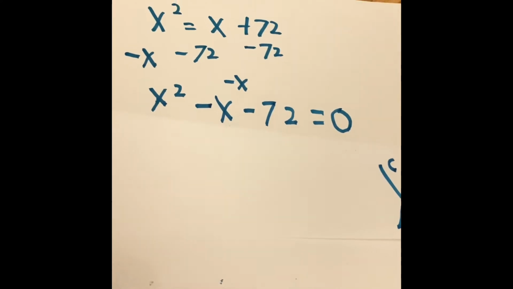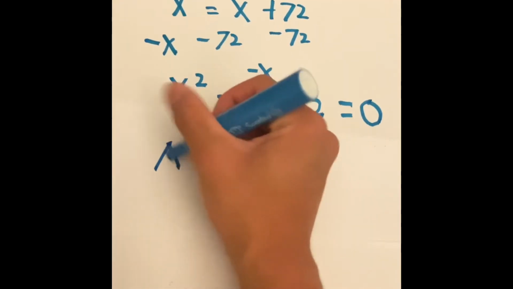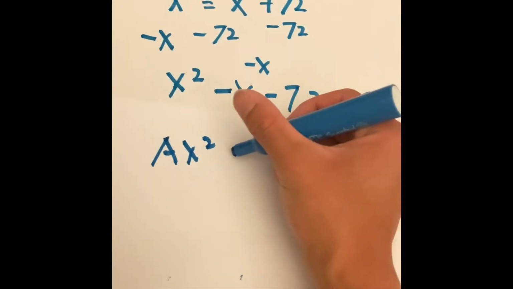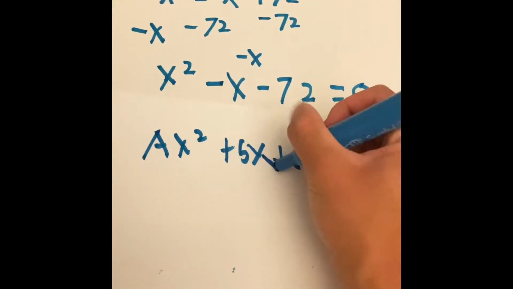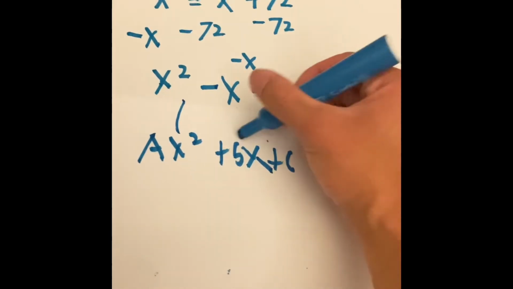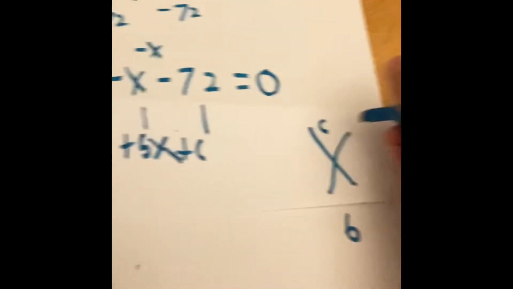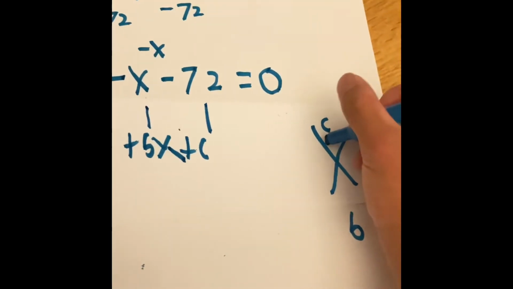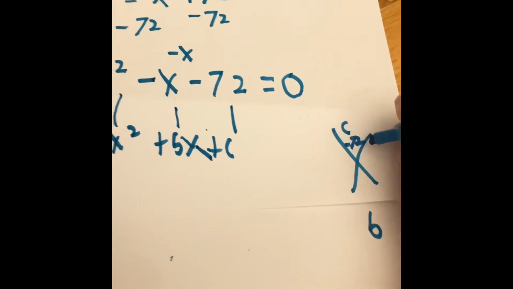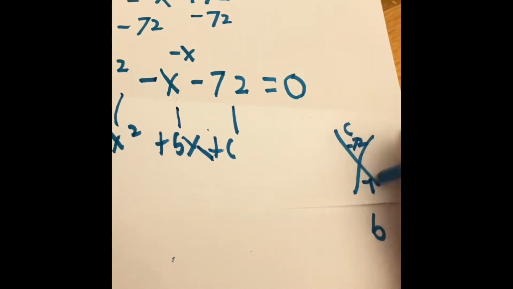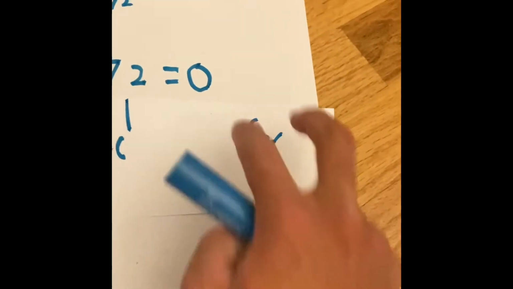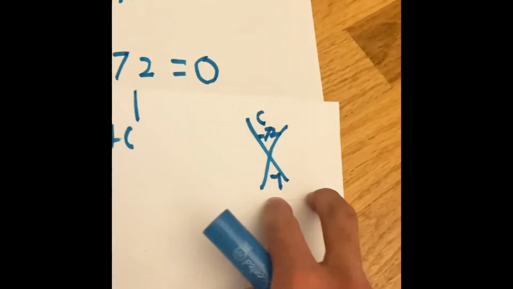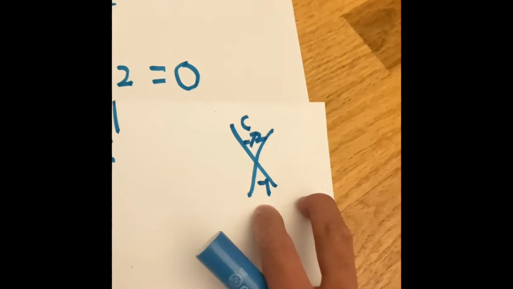Here's an example. We use the formula ax squared plus bx plus c. So here's ax squared, bx, and c. What we gotta do is take negative 72, which is c, and negative 1, which is b. So what two numbers can multiply to negative 72 and add to negative 1?